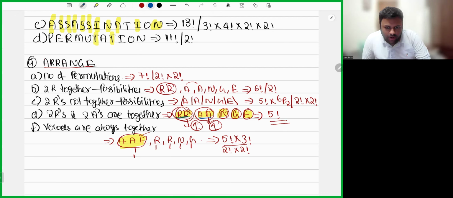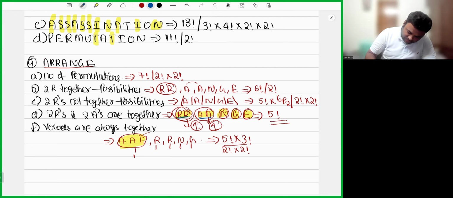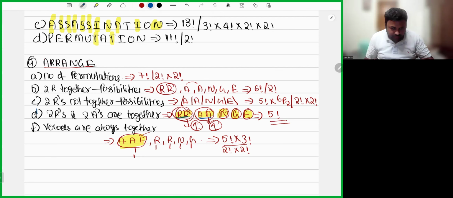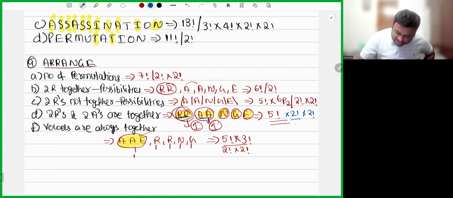So Vaishnavi, point D is clear. Okay, you are telling RR and AA you will interchange, Gita. Okay, RR you interchange 2 factorial. AA you will interchange 2 factorial, right? But since R is repeated 2 times, A is repeated 2 times, they both will get cancelled again.